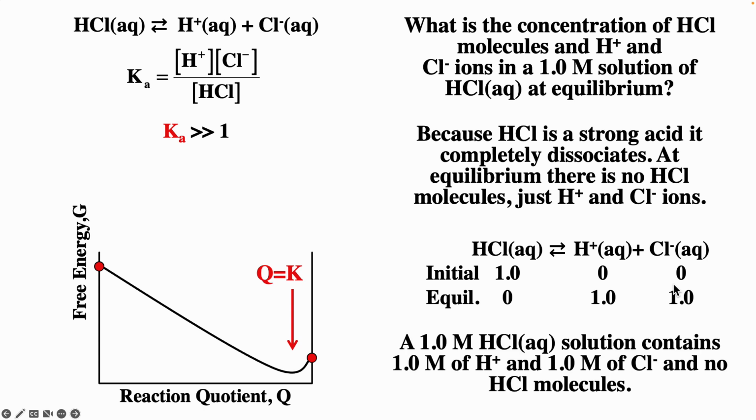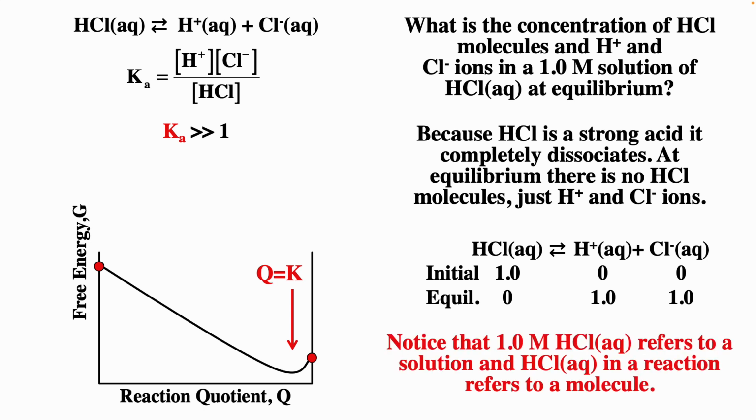And so a bottle labeled 1 molar HCl contains no HCl molecules. Notice that 1 molar HCl refers to a solution, and HCl in a reaction refers to a molecule. But again, a bottle labeled 1 molar HCl has no HCl molecules because all the molecules broke apart.